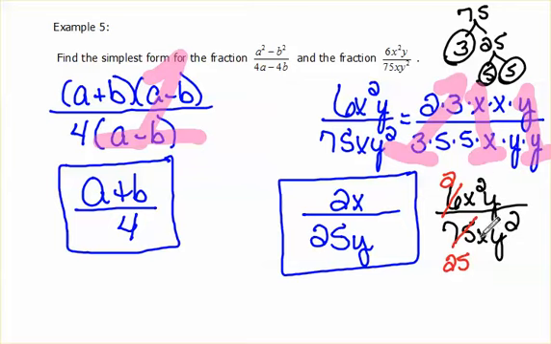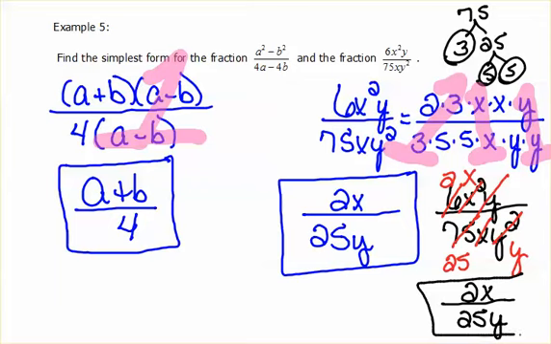So when we divide like bases, we subtract the exponents. 2 minus 1 would leave us with just 1x. So that would leave us with just an x on top. Here on the y's, we've got y to the first and a y squared on bottom. So when we subtract those exponents, that would leave us with a y on bottom. So what we're actually left with now on top is a 2x, and on bottom we're left with 25y.